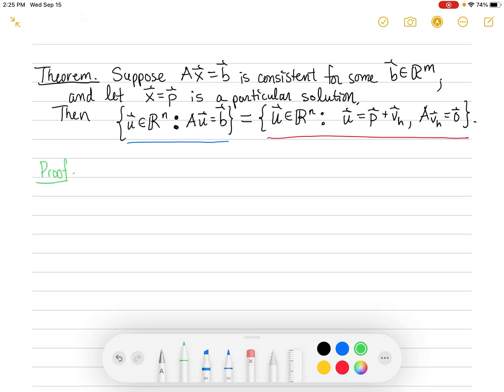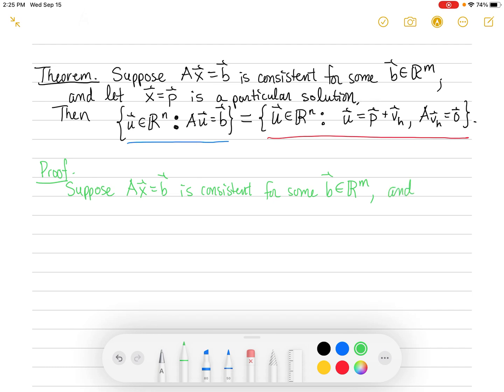So in the background, we're supposing that the matrix vector equation AX equals B is consistent, or we can say has a solution, for some vector B in Rm.